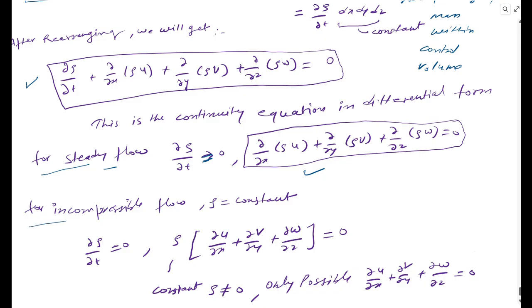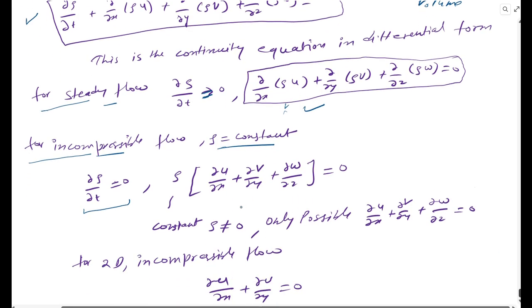For incompressible flow, we know density is constant, meaning there is no change with time. Since rho is constant, it will come outside. It is a multiplication of two terms: one term is rho and the other term is this one.